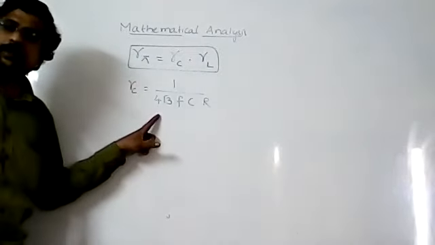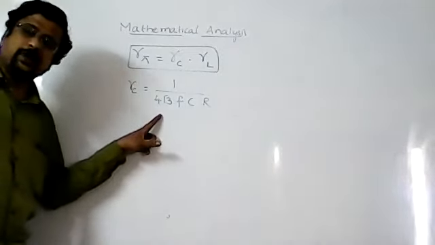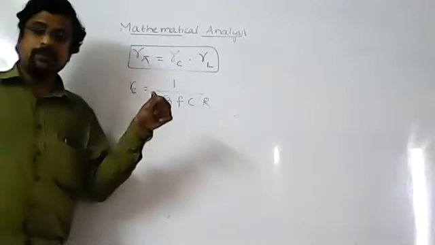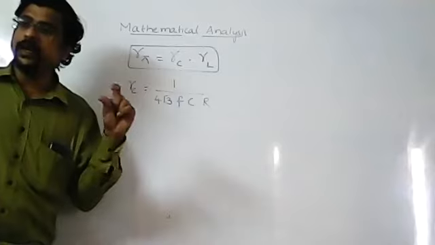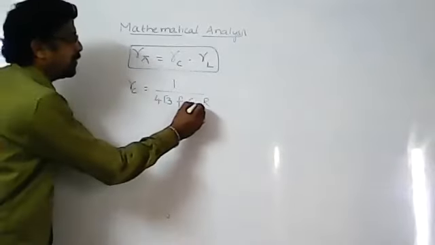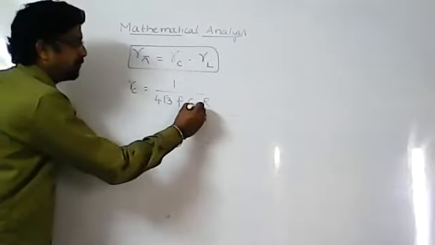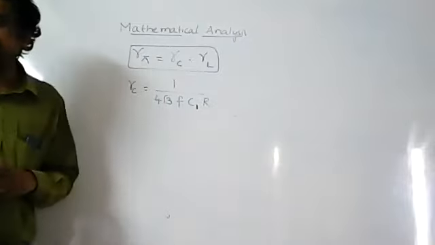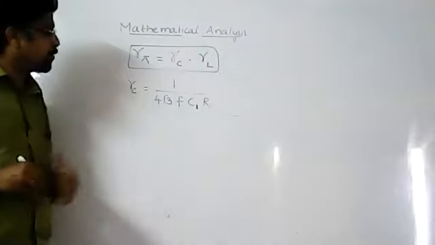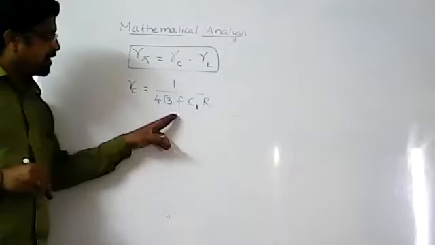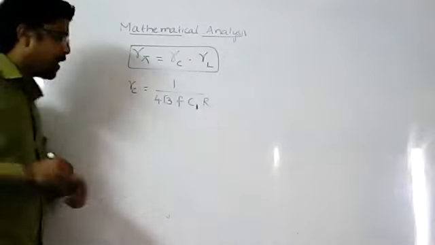This is the ripple factor of a shunt capacitive filter. But in the diagram, the capacitor is named C1, so RC is equal to 1 by 4 root 3 F C1 R.